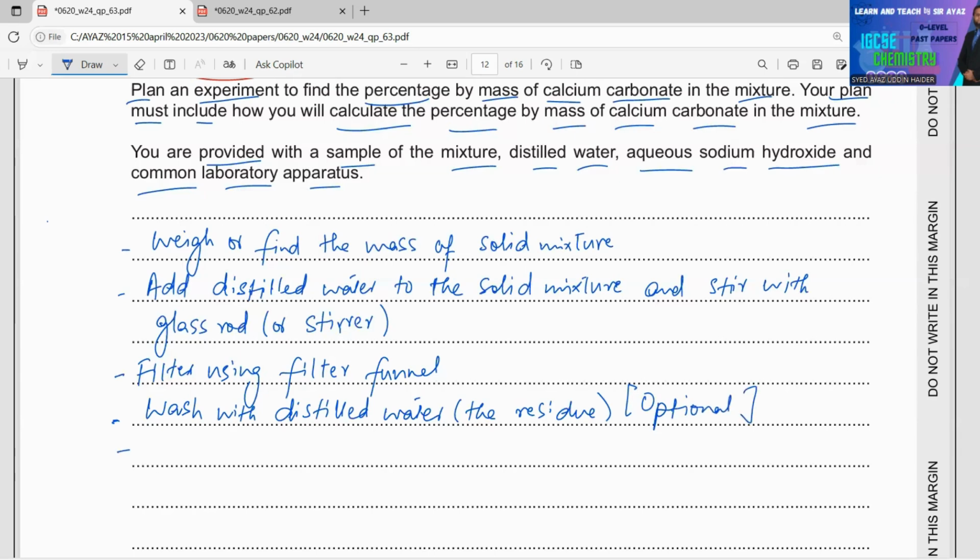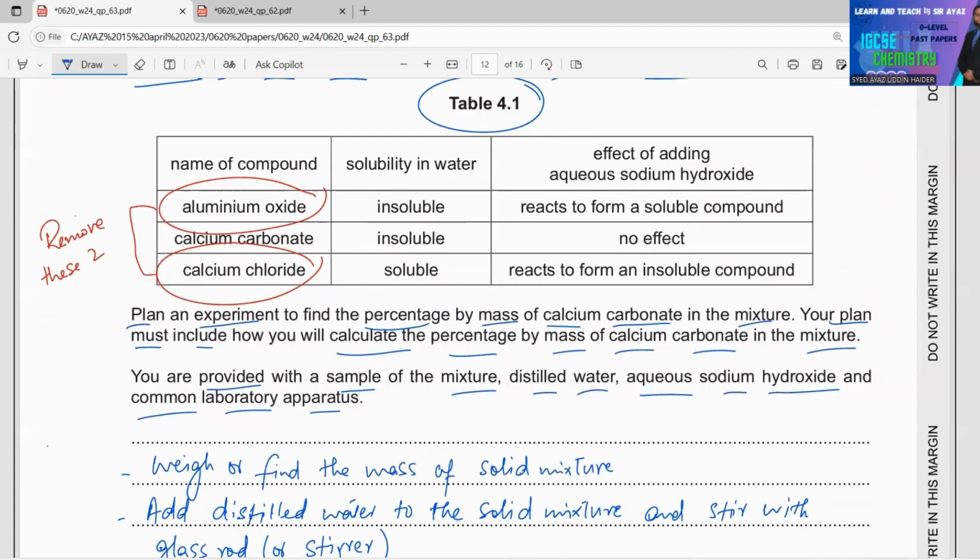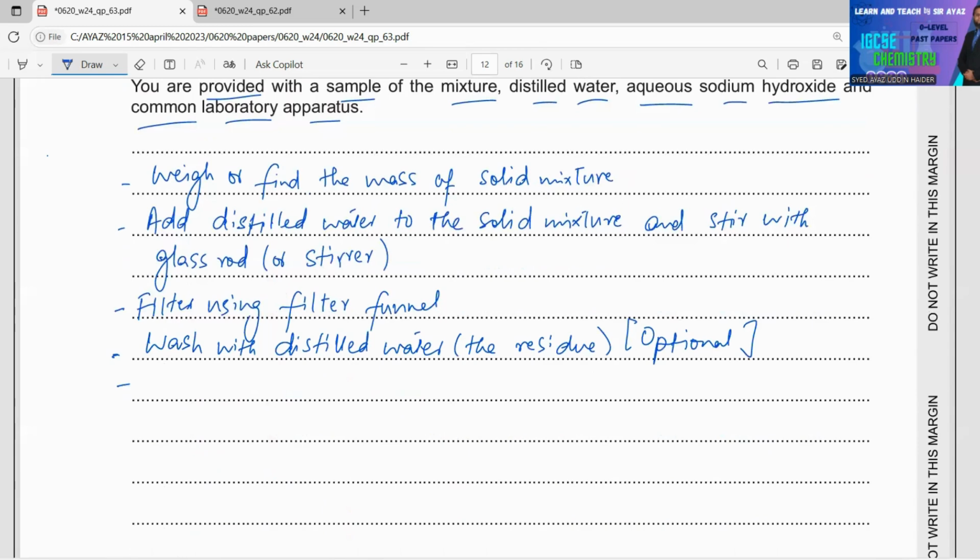Okay. Next step, whatever we are going to do, we will do this with the residue, because in the residue, we have aluminum oxide plus calcium carbonate.